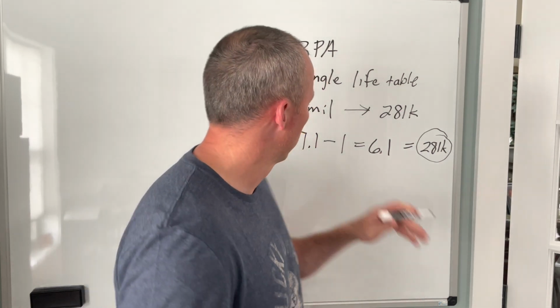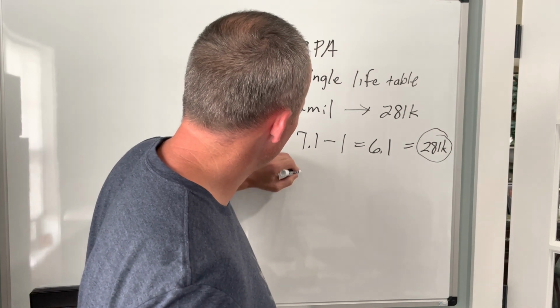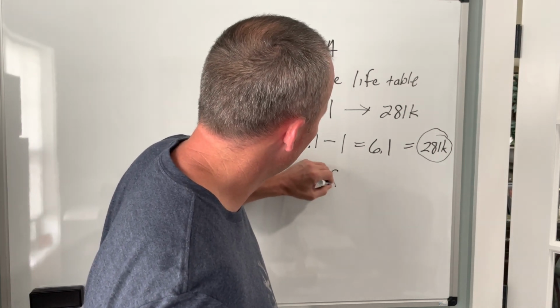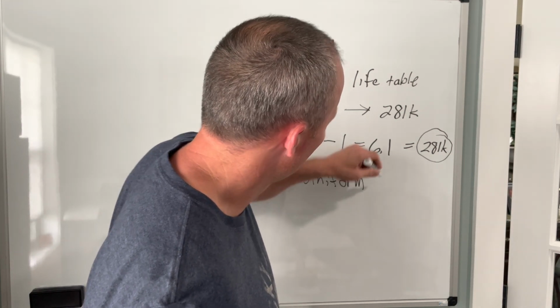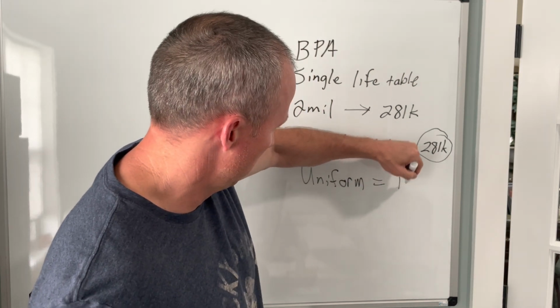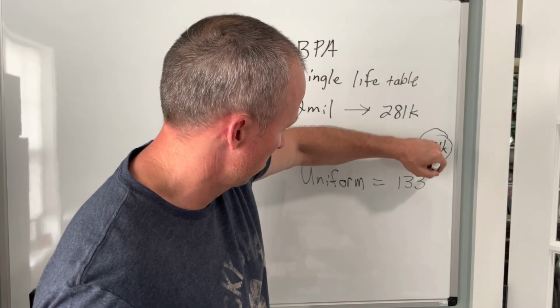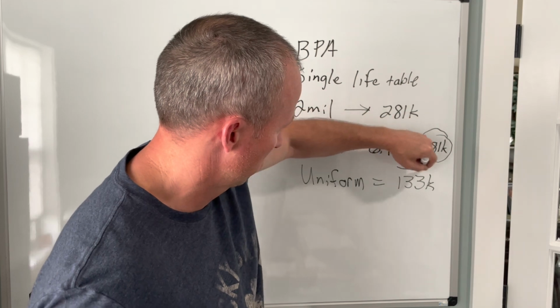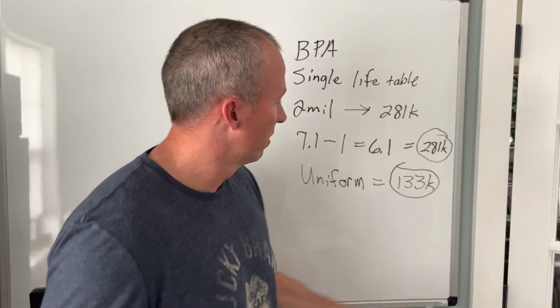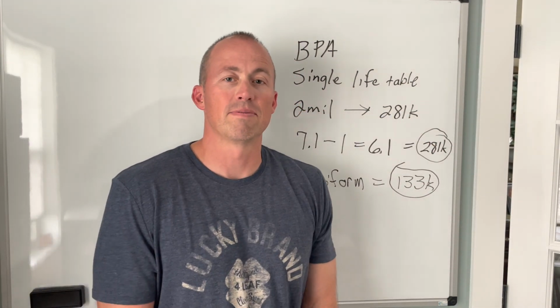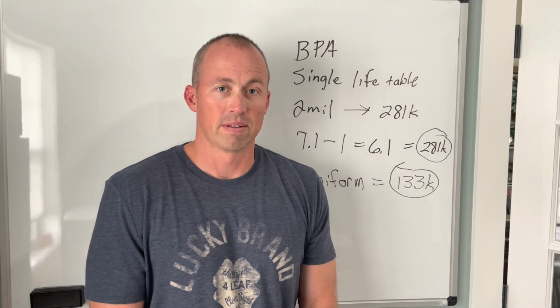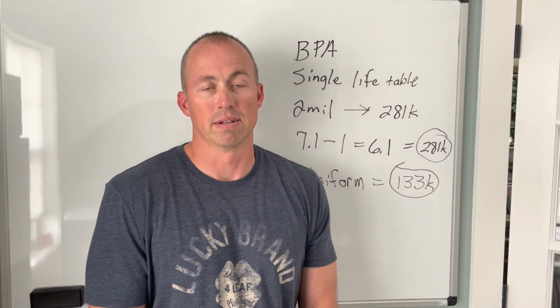Okay, using the uniform life table, guess what her RMD was? Quite a bit different. Using the uniform table, her RMD was $133,000. Okay, almost $150,000 difference. That is a big, big number.